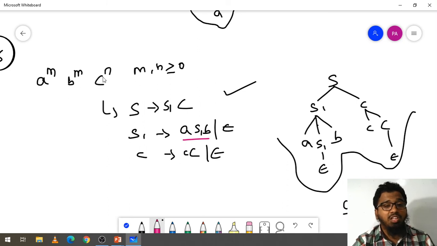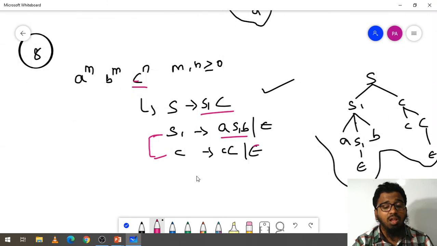Now c power n, and n should be greater than 0. So small c, capital C, or you can use epsilon at the end, 0 or more. So for this, 2 is concatenation and adding here. Why are we writing C after? Because here the C is after A and B.